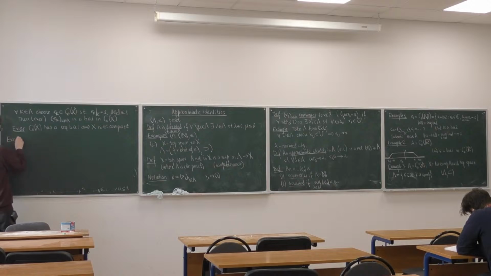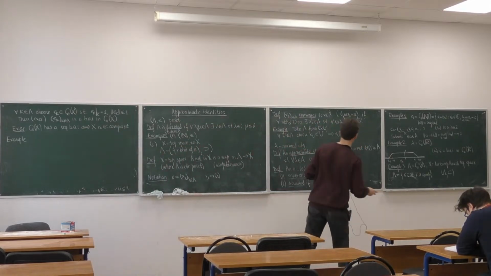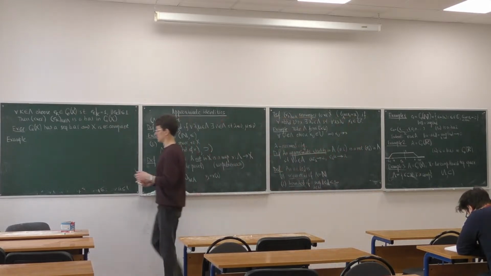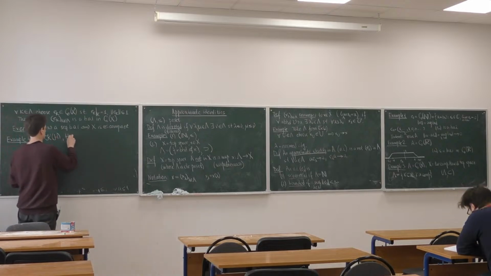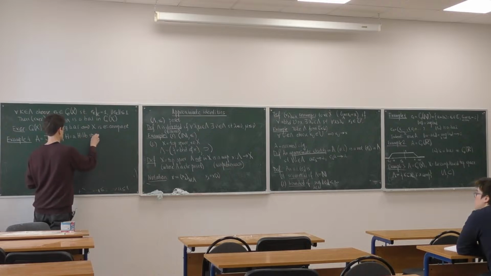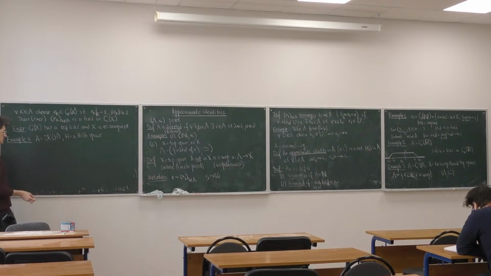Another example, example 4. Yeah, example 4 is the algebra of compact operators on a Hilbert space. Again, if H is infinite dimensional, then we know that this algebra is not unital. But again, it has a bounded approximate identity, which can be constructed as follows.